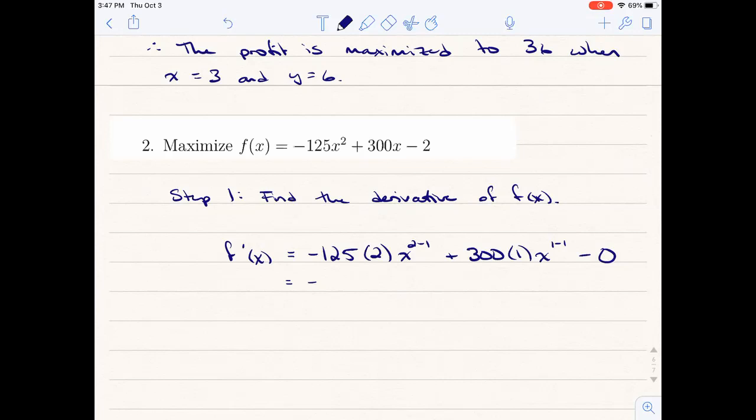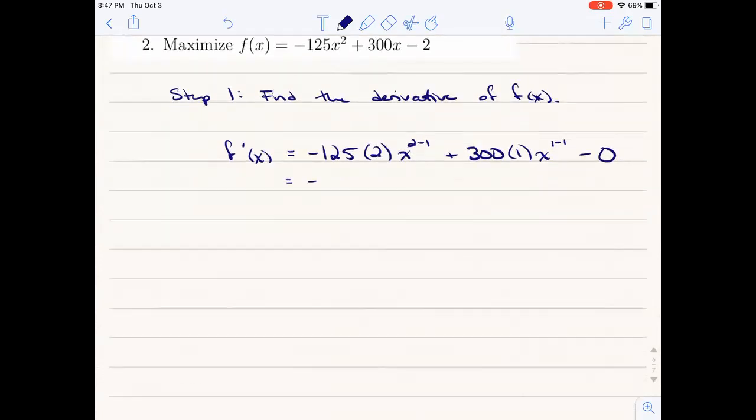And then the constant has no x, so it goes away. So we've got negative 125 times 2 is negative 250 times x plus 300, because x to the power of 0 is just 1. We talked about those facts last day, that anything to the power of 0 is 1. So now we have our derivative.